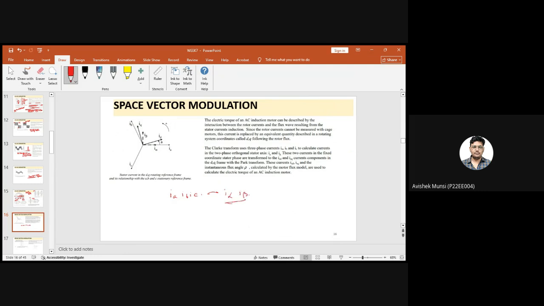This is what we call the Clark transformation. Then, with respect to the fixed stator axes, one D component and one Q component, the direct component and the quadrature component, this is the DQ transformation, which is known as the Park transformation.